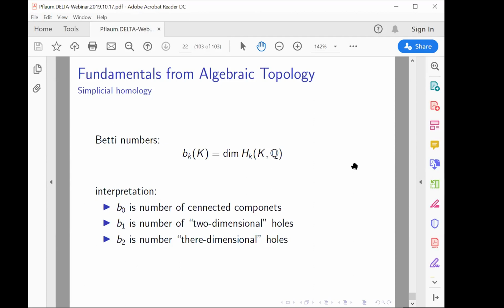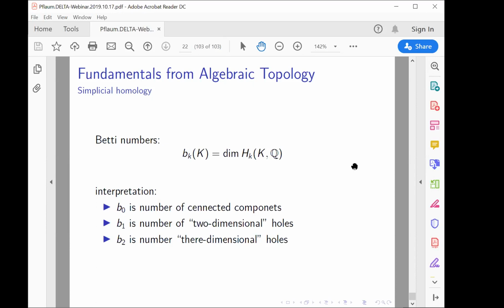No. This is too much information. No, it's not possible. There are spaces which have the same homology, but they are not the same, so to speak.